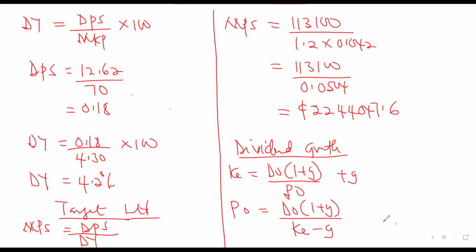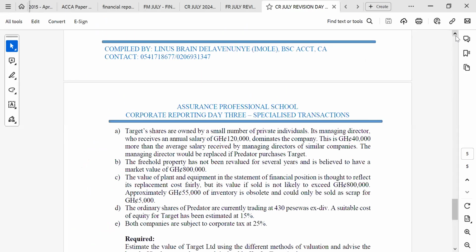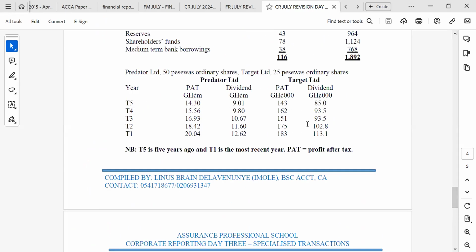The g is the dividend growth, which you can calculate over here. Very simple. We have so many dividends over here, and you can calculate dividend growth here. Yeah, Deborah, how do we calculate dividend growth? Deborah, dividend growth. Agnes, dividend growth.